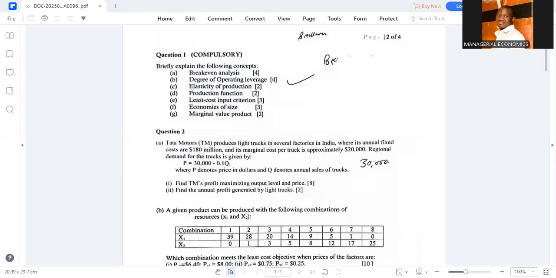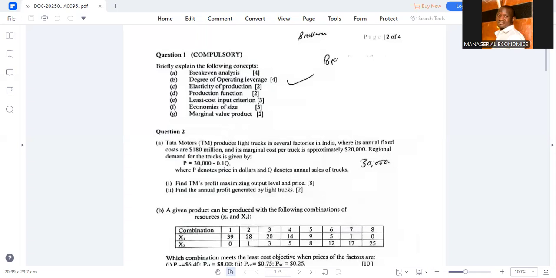Elasticity of production is simply the responsiveness of output to changes in input. That is elasticity. Whenever we're dealing with elasticity, we're basically looking at the sensitivity. So how output changes with input.